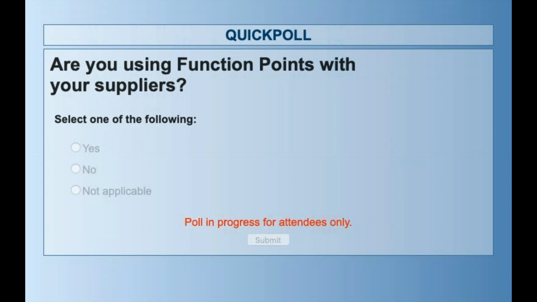So let's see what's happening here. It's still saying sharing poll for some reason. Apologies, guys, we'll get this sorted out. Tracy, can you close the poll? Let me try again, because I can't see a poll here now.